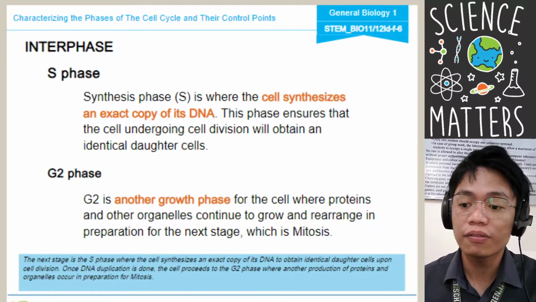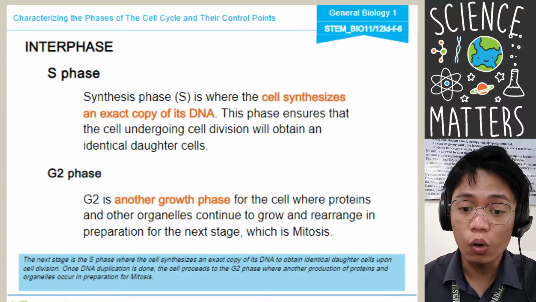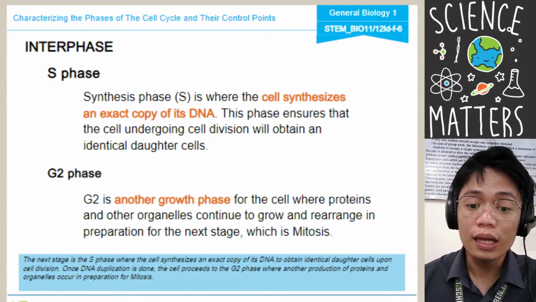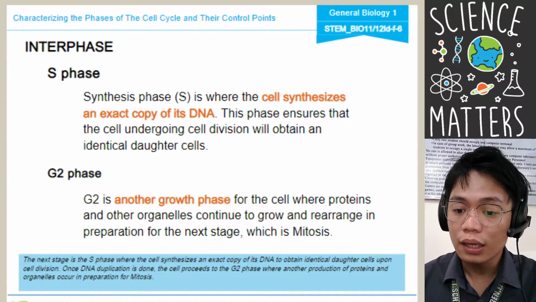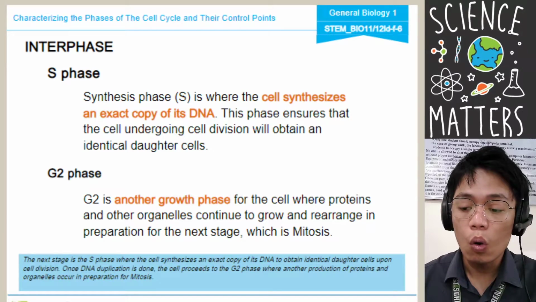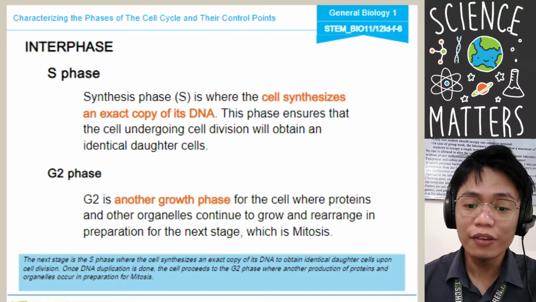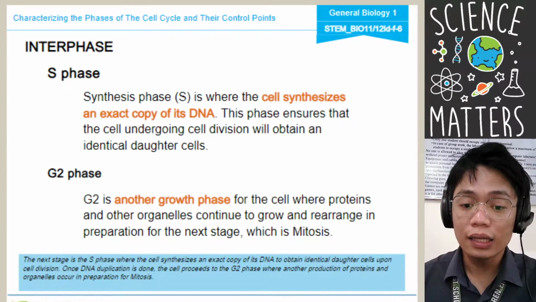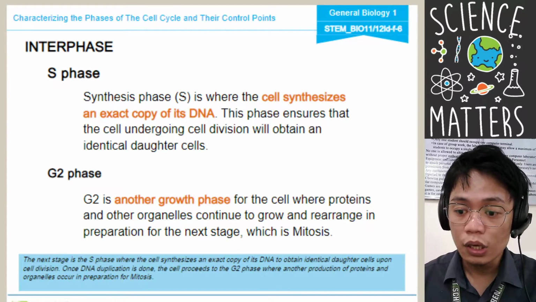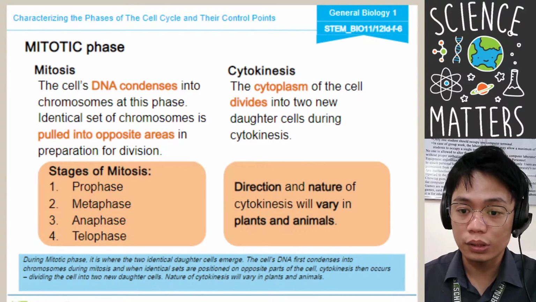So in the synthesis phase, it synthesizes an exact copy of DNA, or it undergoes DNA replication. In G2, it is the growth phase where it finalizes all the necessary proteins and the DNA, of course, which is ready for the next stage, which is mitosis.